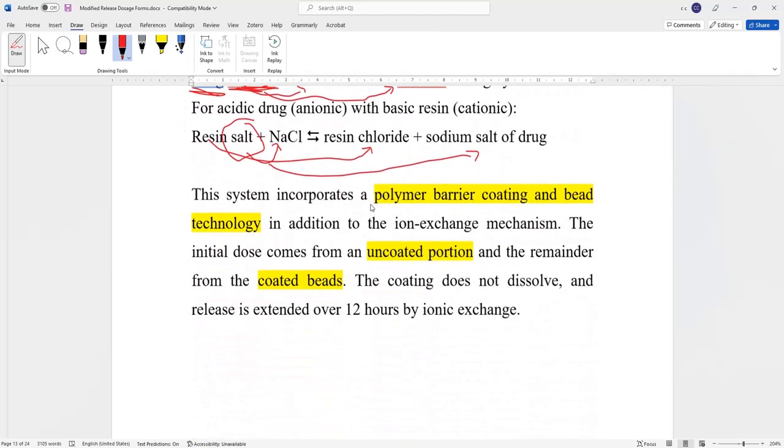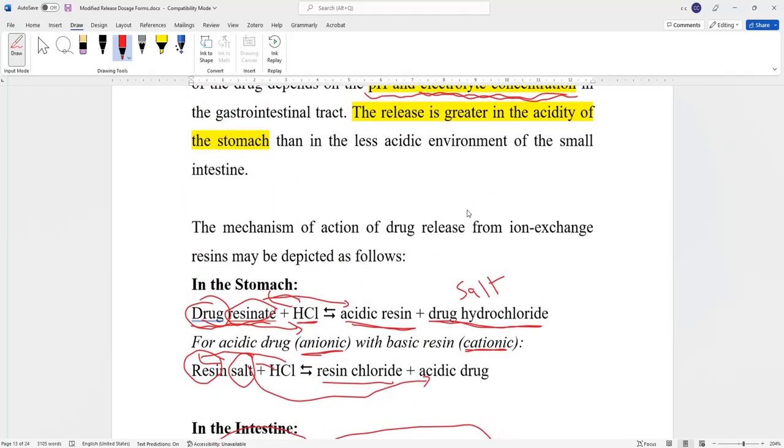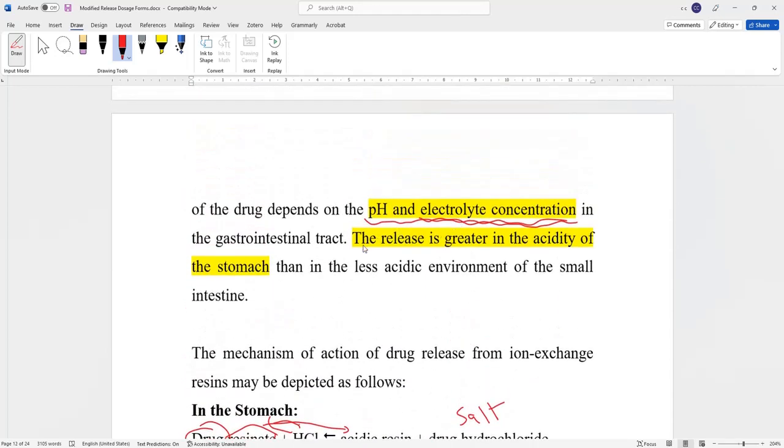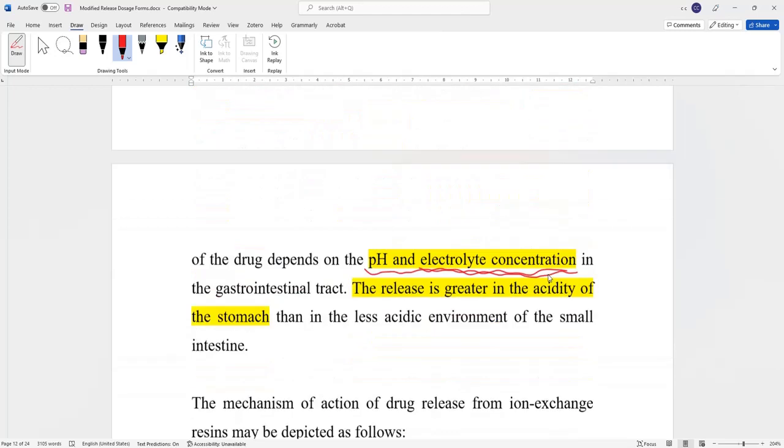In order to prevent that, a polymer or polymer barrier coating will be applied. So we will apply a coating on the ion exchange resin.